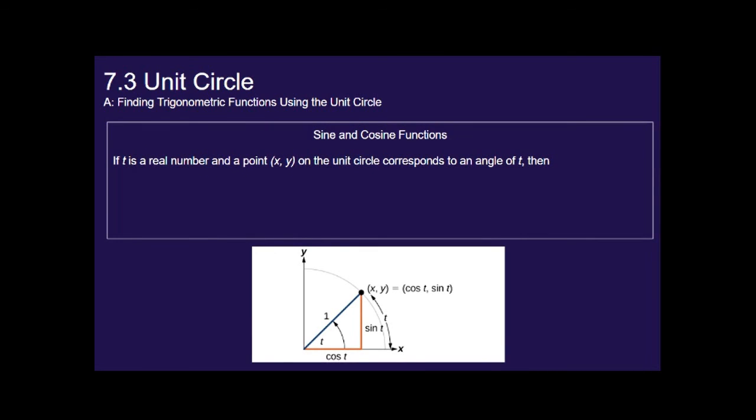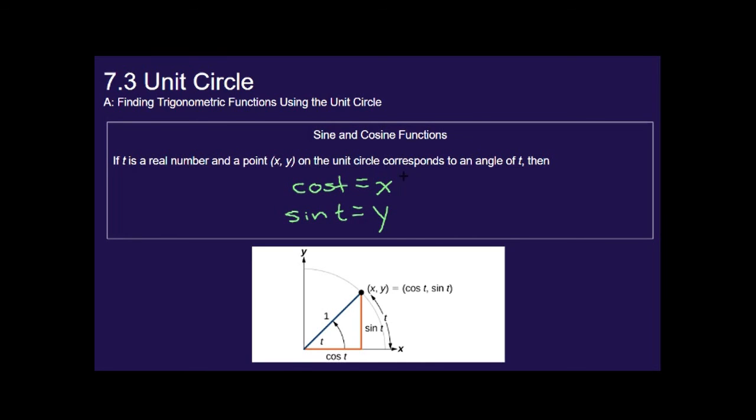So let's go ahead and formalize our definition. If t is a real number and a point (x, y) on the unit circle corresponds to an angle of t, then we have that cosine of t is equal to x, and we have that sine of t is equal to y.